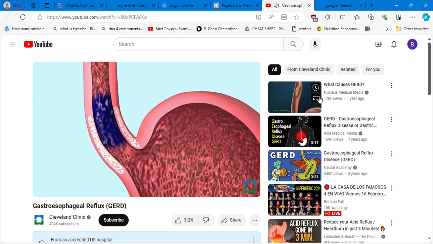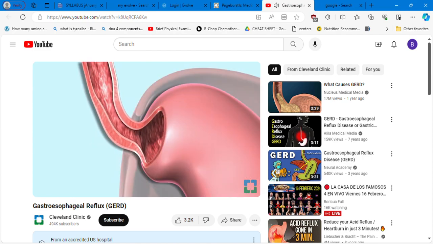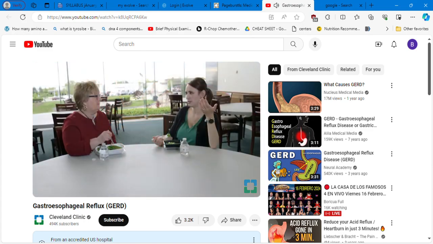This muscle remains tightly closed except when you swallow food. When the sphincter fails to close, the acid-containing contents of the stomach can travel back up into the esophagus. This backward movement is called reflux. When stomach acid enters the lower part of the esophagus, it can produce a burning sensation commonly referred to as heartburn. Several factors might explain why this reflux action occurs.